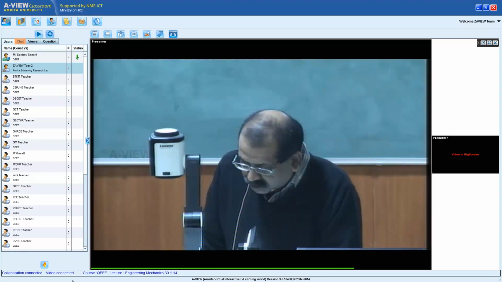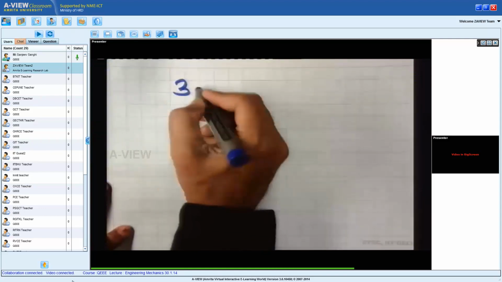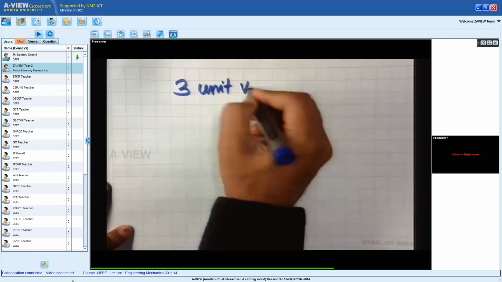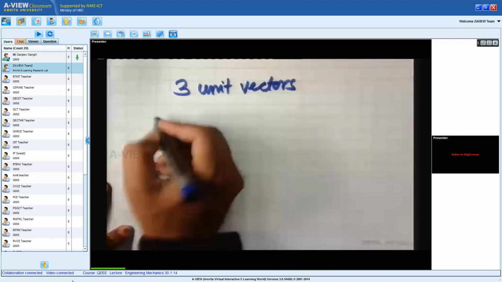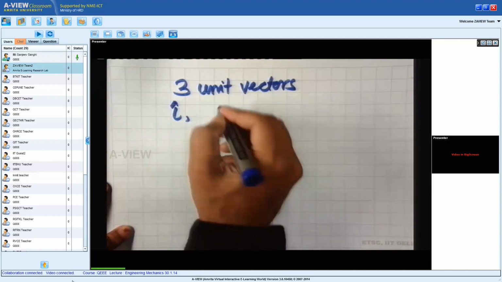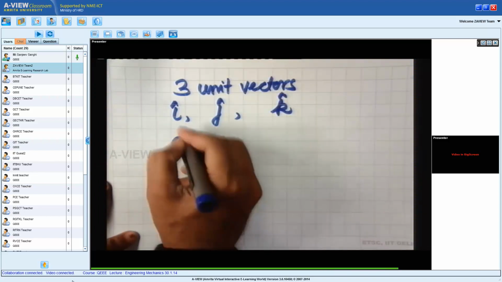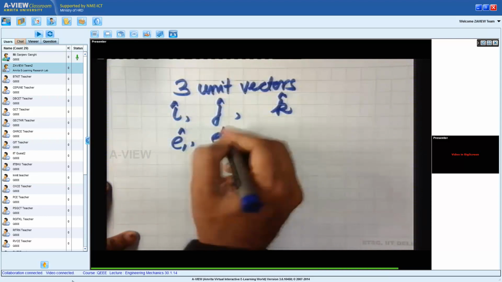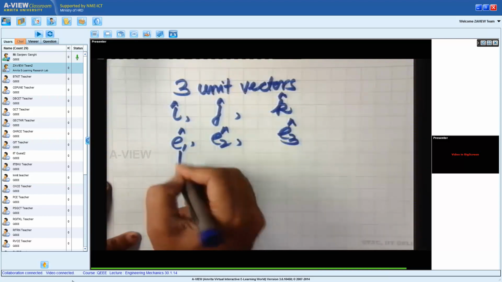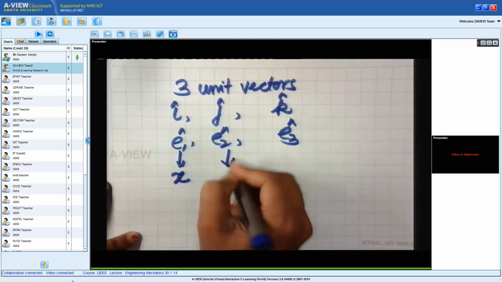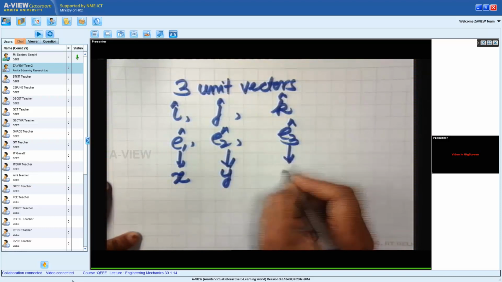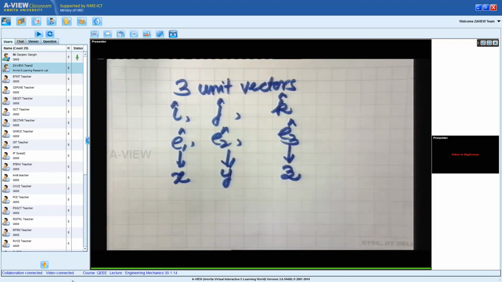So now in this XYZ coordinate system, we have three unit vectors i, j, k, and I could even call these E1, E2, E3. E1 represents the X direction, E2 represents the Y direction, and E3 represents the Z direction.